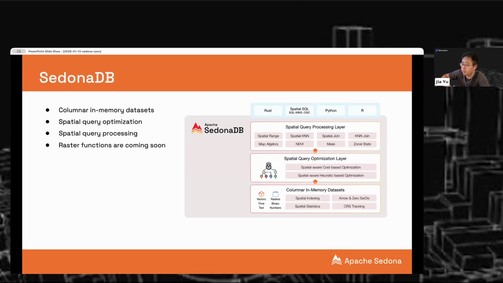It also uses a columnar in-memory dataset layout. It has spatial query optimization and a spatial query processing layer as well. And we are adding lots of raster functions. If you are close to the development, if you see our GitHub repository, you will probably see that we are already adding lots of raster functions there.